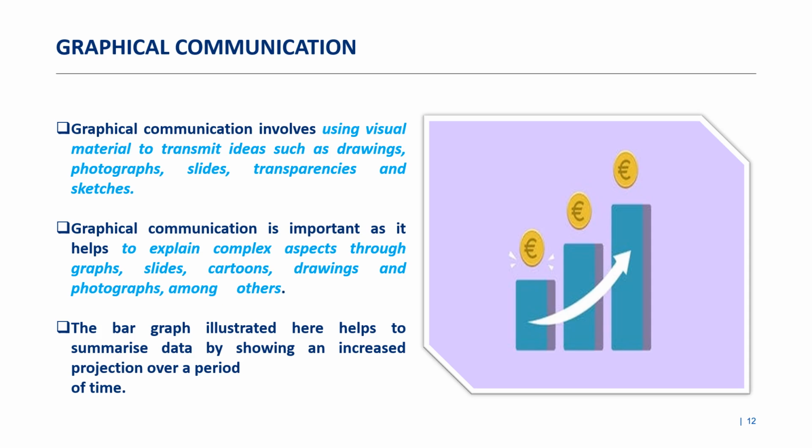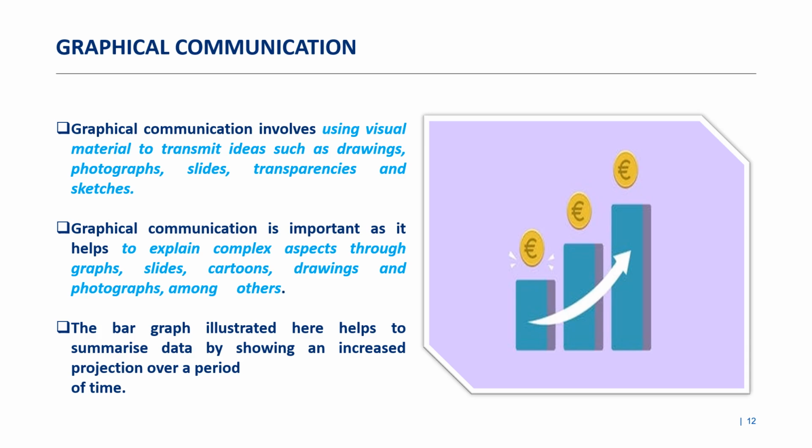So graphical communication, which involves the usage of visual materials, drawings, photographs, slides, transparencies, and sketches, is important in order to bring simplicity to information that is complex. In order for it to be understood by the layman, or by those that may not necessarily understand complex information, it is presented in a simplified manner.